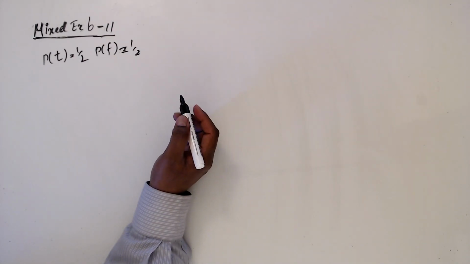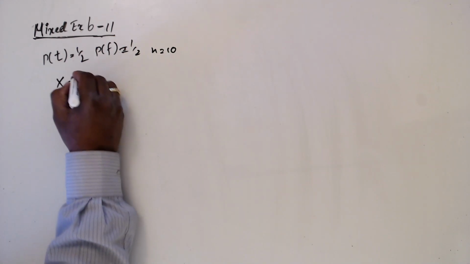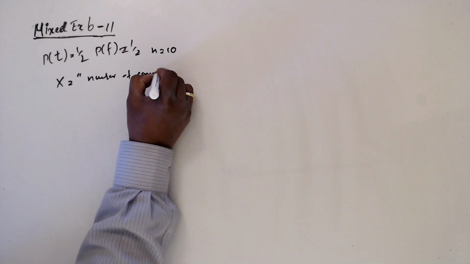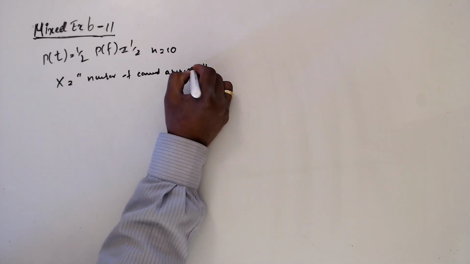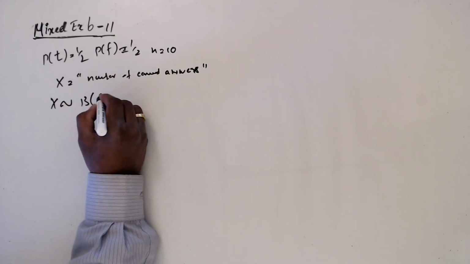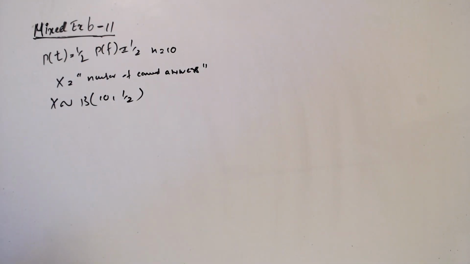Now n is 10 and x is the number of correct answers. So x follows binomial 10, half.